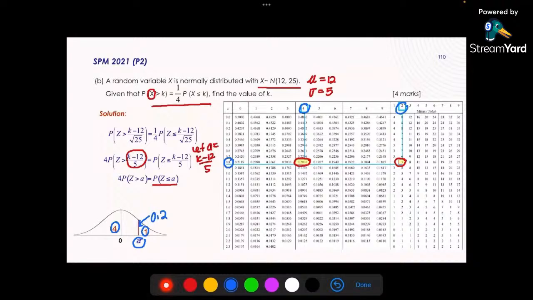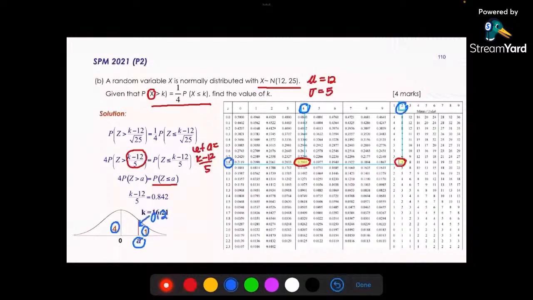So kita tulis dia sebagai (K tolak 12)/5 equals 0.842, because we want to find the value of K. Once we get this one, kita akan dapat the value of K, which is K equals 16.21. Okay.